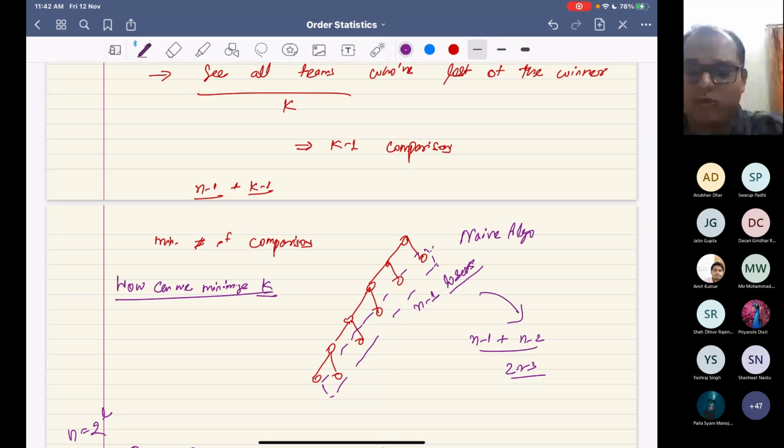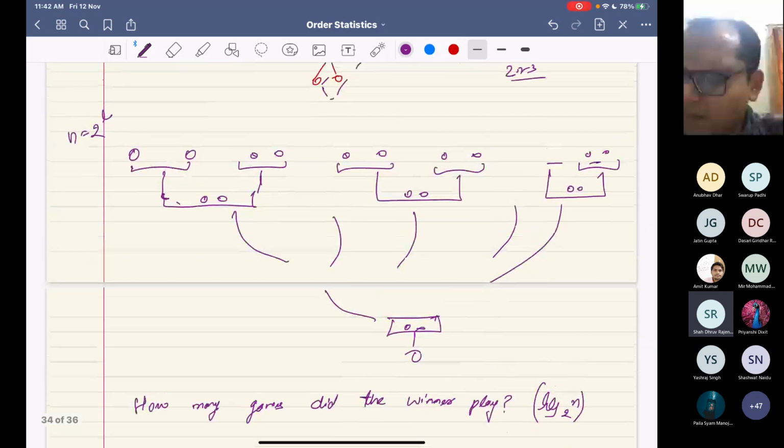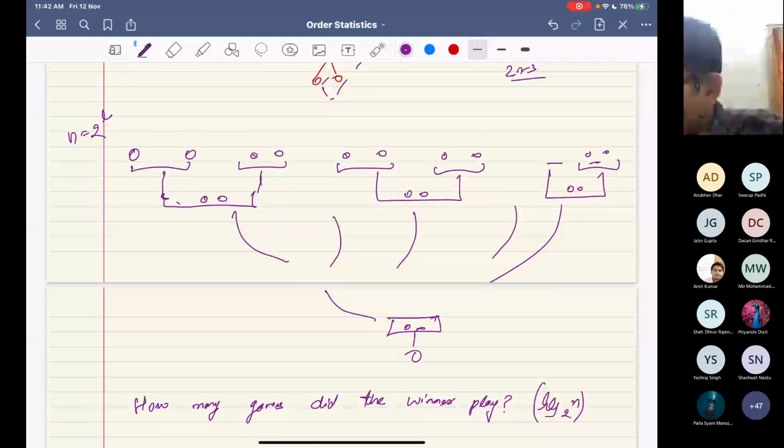But the question is, to minimize the number of comparisons, I have to minimize k. Sir, while minimizing k, we are increasing the comparisons between the other elements, excluding the max 1 and max 2. There would be many comparisons here, sir.